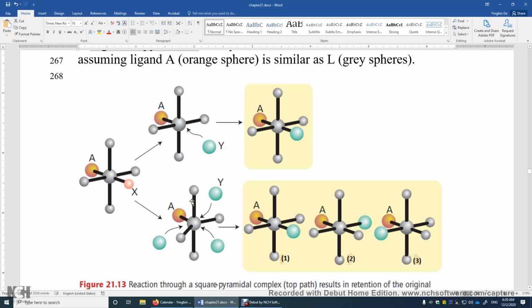Now, what if the intermediate is a trigonal bipyramidal structure like this? So over here, you can see this is actually favored compared to this one, because VSEPR theory tells us you should separate those ligands as much as possible. So over here, this is 90 degrees, this is 90 degrees, but over here, there's 120 degrees.